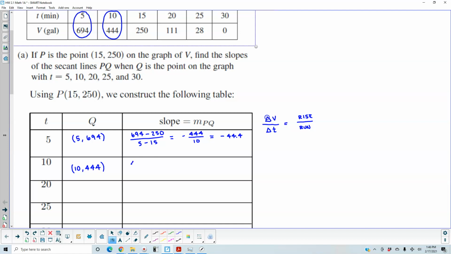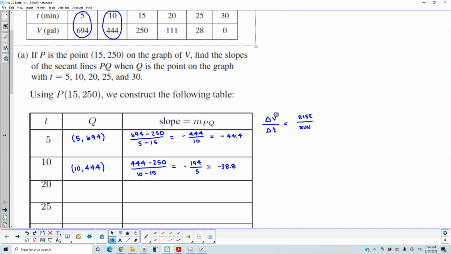So we take 444 and subtract 250, and then we take 10 and subtract 15. So from here, our value is going to be negative 194 divided by 5, which gives us a slope of negative 38.8.